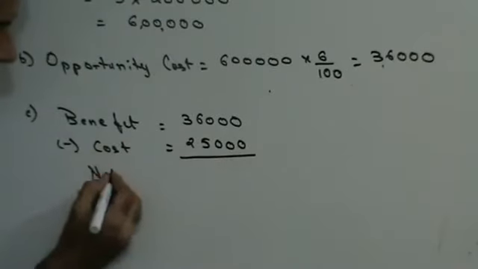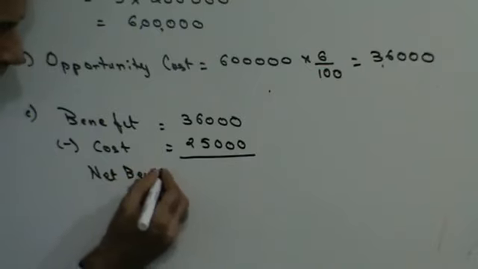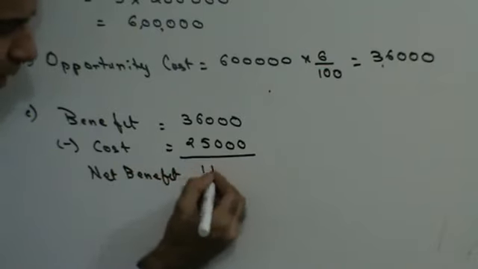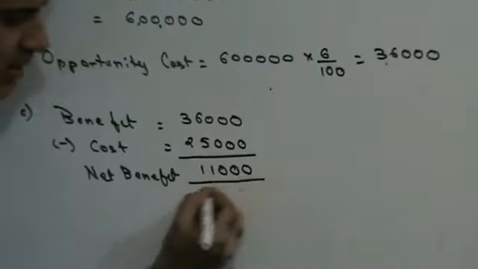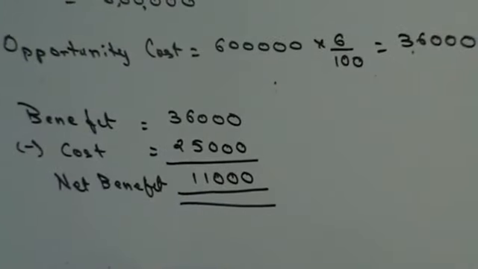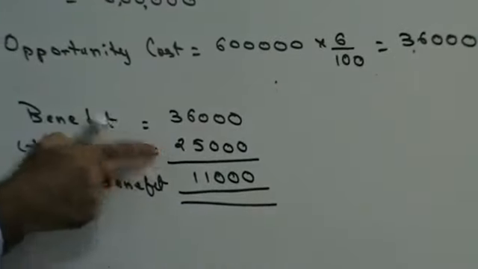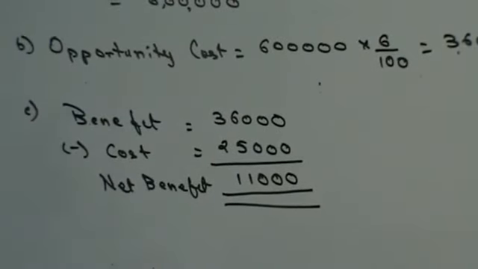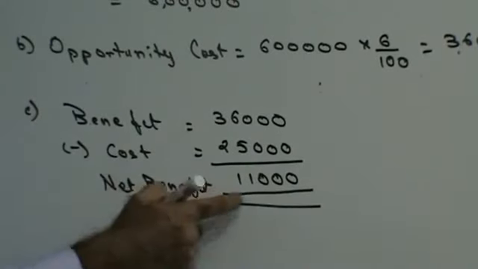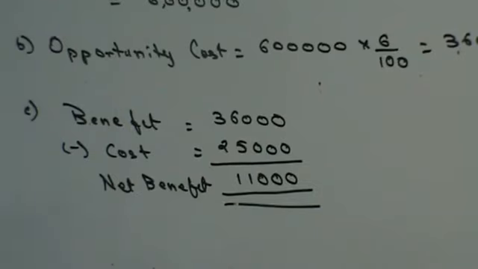So what will my net benefit be? My net benefit will therefore be 11,000. I still have a positive net benefit. Even if I spend 25,000 on establishing the boxes, I still have a net benefit of 11,000. Yes, if the cost is 25,000, I will still go for the lockbox system.